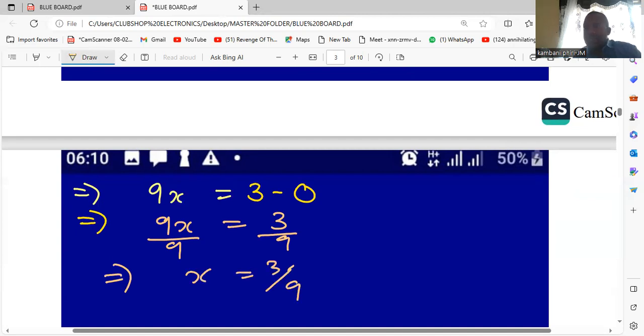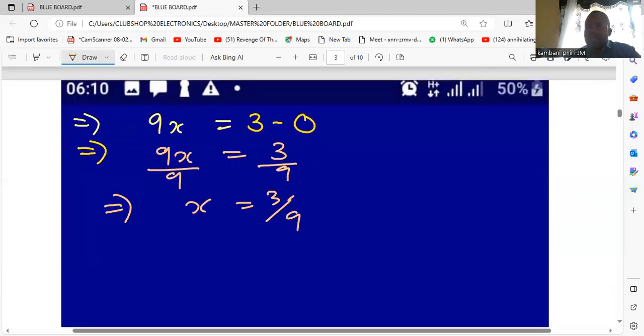But now, for us to express such decimals as fractions or as rationals, we must express them in their simplest form, right? Meaning that you cannot divide any further. So this implies that x is equal to 1 over 3 when we divide throughout by 3.